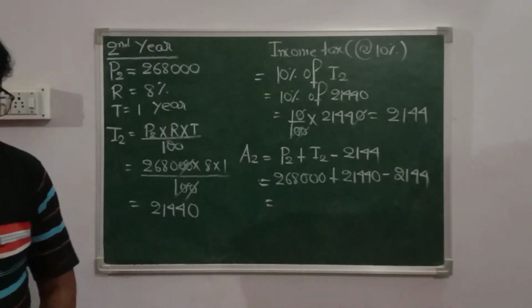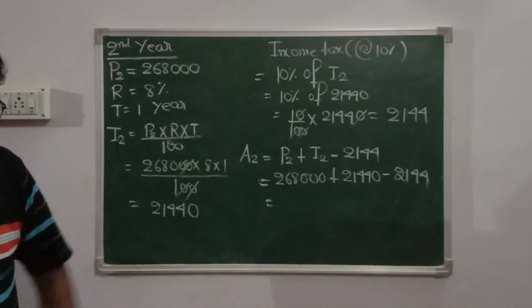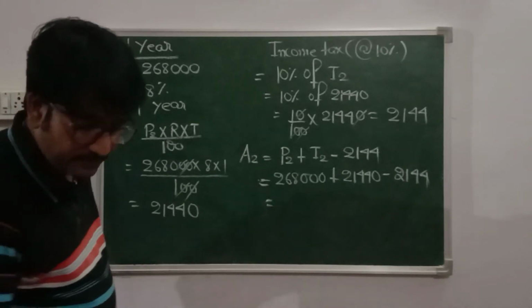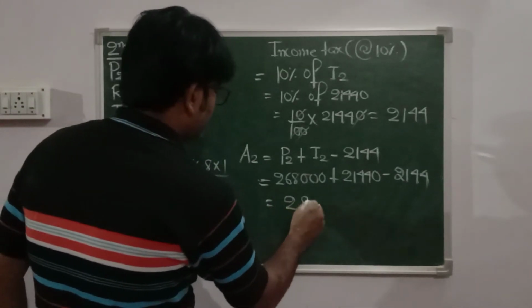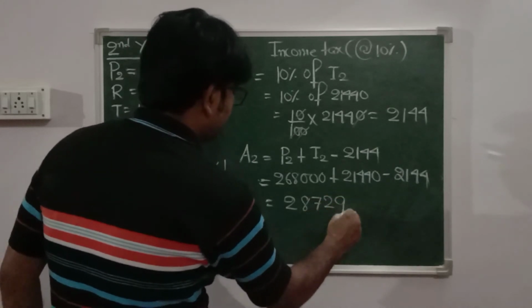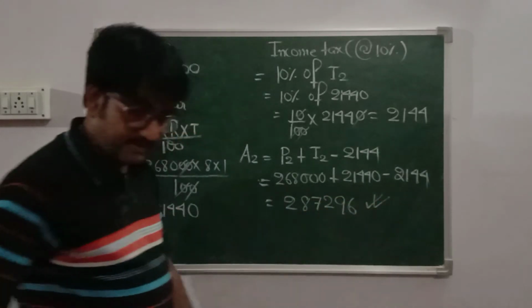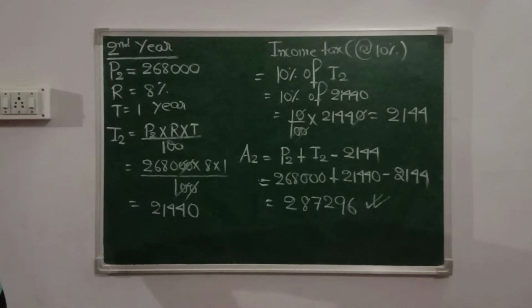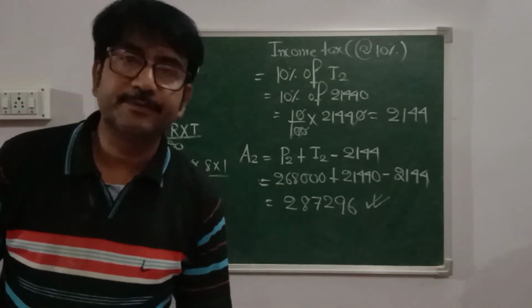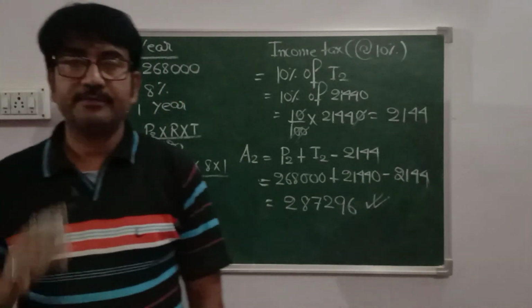So 268000 plus 21440 minus 2144 is 287296. So this is the amount that Rahul receives at the end of 2 years.